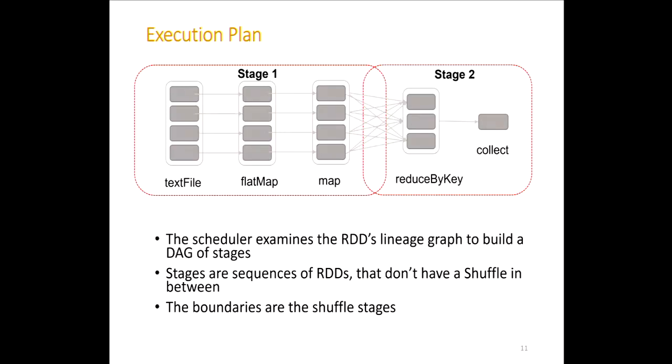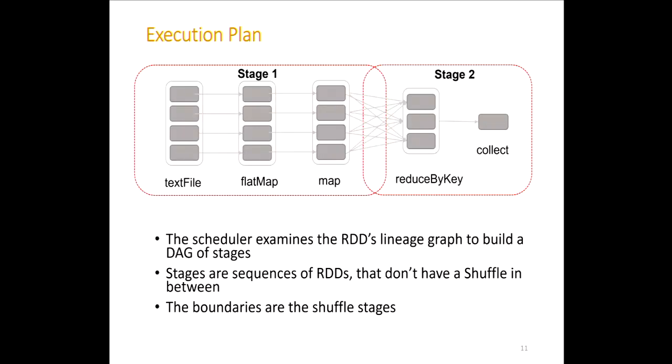When the Spark DAG scheduler is putting together an execution plan, it's important for it to know where we transition from single-node operations to operations that require results from different nodes.